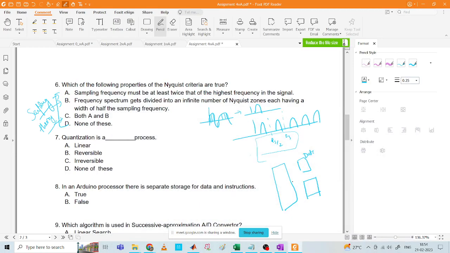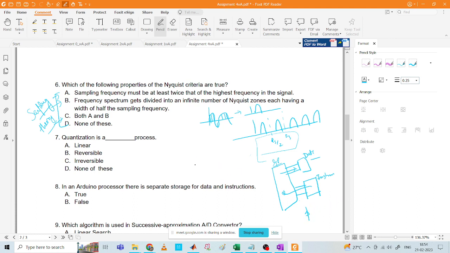So you have separate buses. Now let's say the microprocessor, MUP means microprocessor, is taking instructions from this memory. It can in parallel, in the same cycle, store data through this bus. So both the operations are happening in parallel in the same clock cycle.